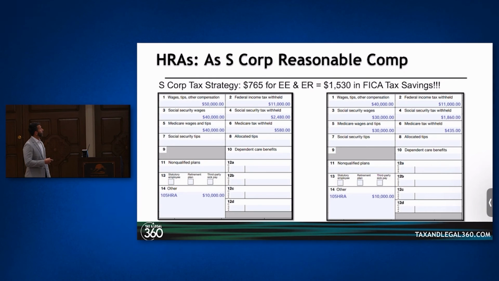So same thing applies, right? We've determined that your reasonable comp is 40. So why are we bumping that up to 50 when we don't need to? Our reasonable compensation includes the $10,000 HRA reimbursement as well as our salary and wages, okay?